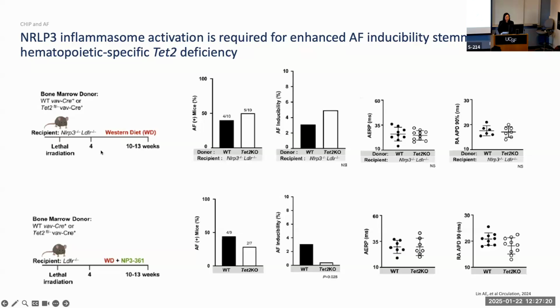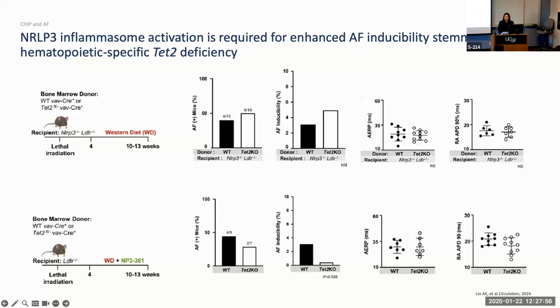Here on top, we took recipient mice that are deficient in NLRP3, so the cardiomyocytes no longer have NLRP3, and our bone marrow donors are either wild type or have loss of TET2 in hematopoietic lineages. We can no longer see that increase in atrial fibrillation inducibility in terms of the number of mice and the number of events, and we also don't see any alterations in the susceptibility factors, including effective refractory period and the action potential duration.